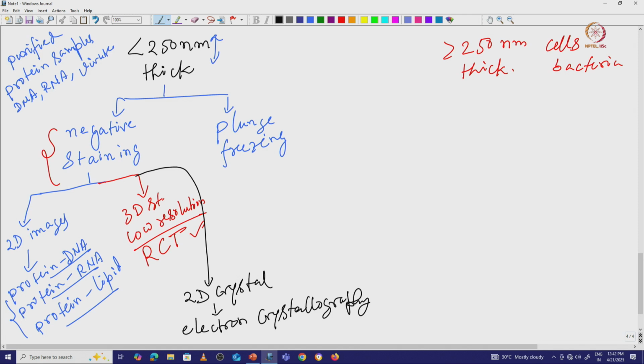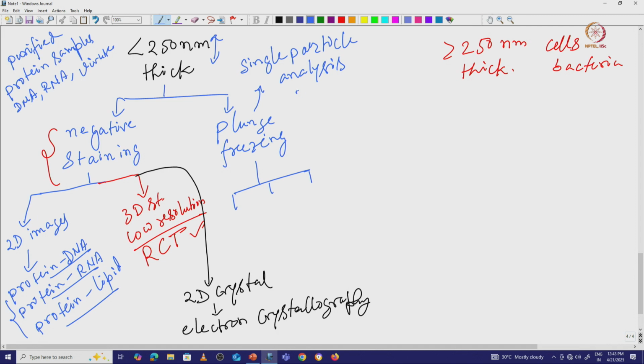Now we are coming to this particular stage, plunge freezing. Plunge freezing is used for single particle analysis cryo-EM. What is required?